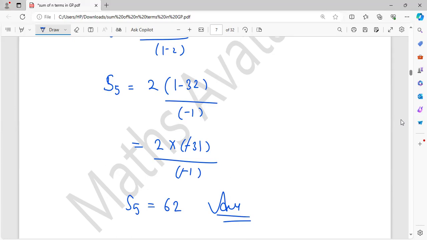Sometimes an infinite GP will be given and it will ask to find the sum of all the terms. We can find the sum in this case only when the modulus value of the common ratio is less than 1. Okay, then we can find the sum of the infinite GP.